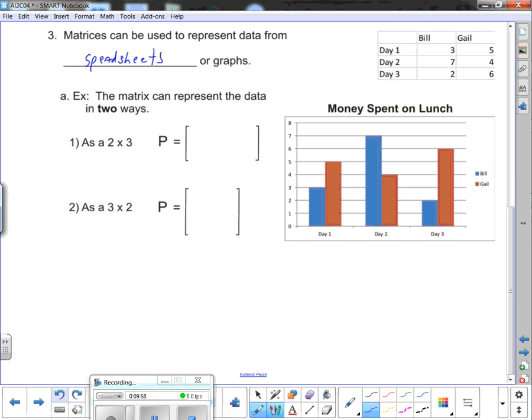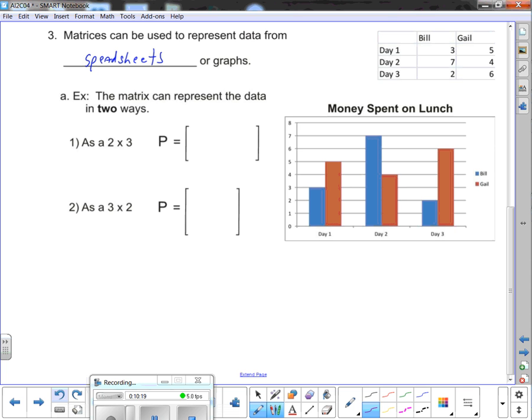And so Bill on day one spent less on lunch than Gail did. But Bill on day two must have been really hungry, so he spent a lot on lunch and Gail not as much. On day three, probably Bill spent all his money, didn't have much left, and Gail had some left and she got more lunch than him.